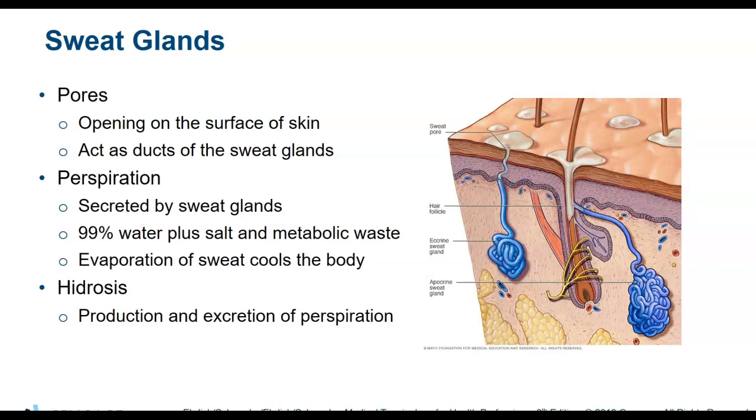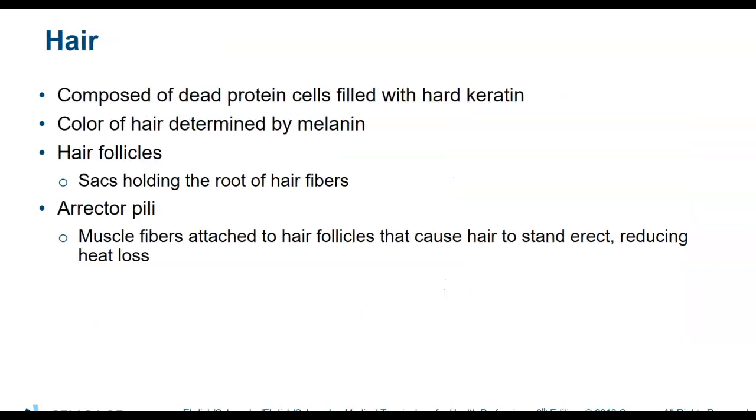And we talked about that to help cool the body. We sweat, it evaporates, and that actually helps cool the temperature of the body down. Hydrosis is the production and excretion of perspiration. So that is sweating. That's the term we correlate to sweating.